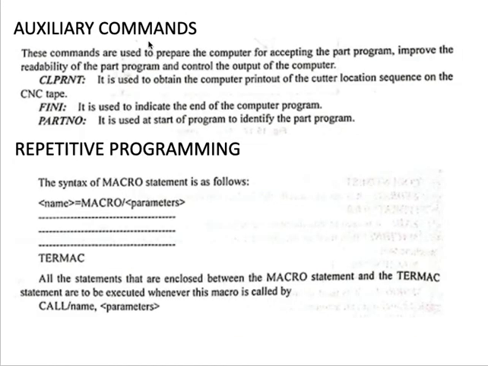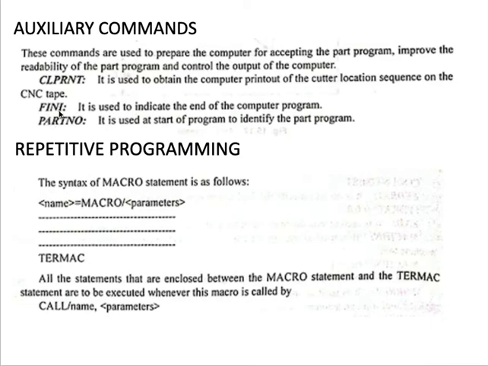If you see the auxiliary commands, these commands are used to prepare the computer for accepting the part program, improve the readability of the part program, and control the output of the computer. CLPRNT is used to obtain the computer printout of the cutter location sequence on the CNC tape.